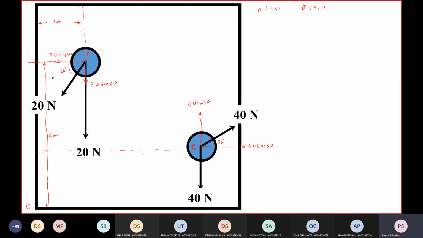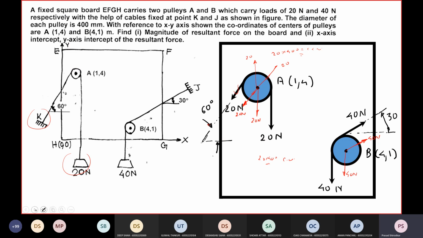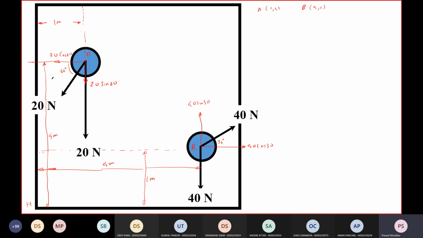So this is 1 meter and up till this end, this is 4. Okay, so now I have got all of it. I think this is called H, so let's write H. H is the origin. Okay. So now let's calculate.